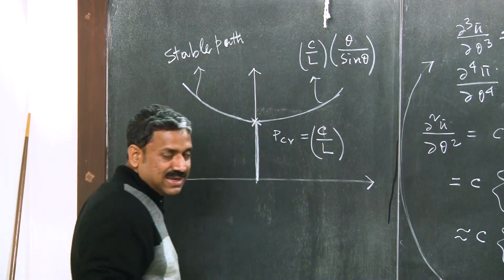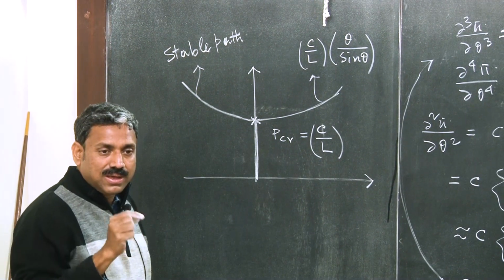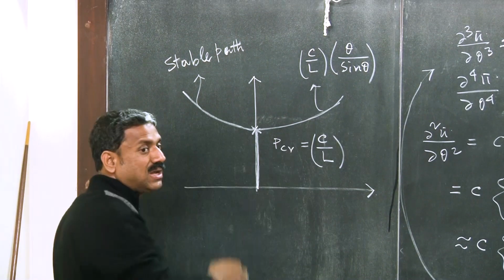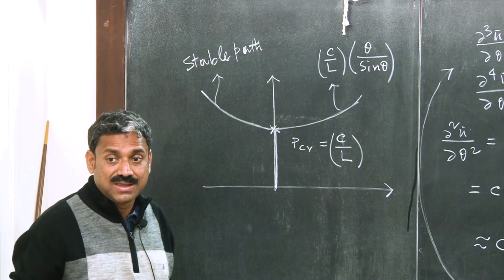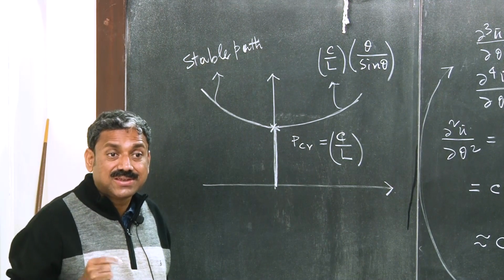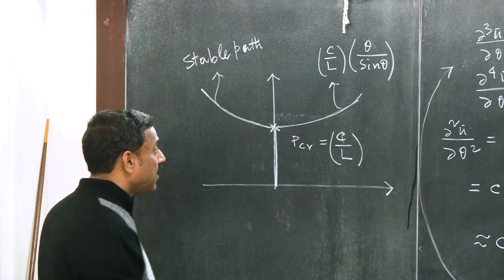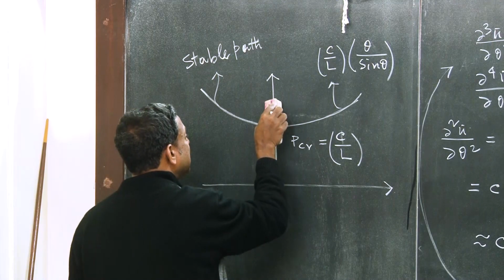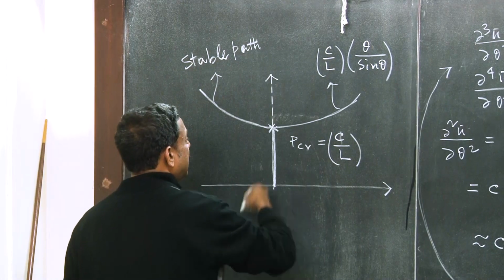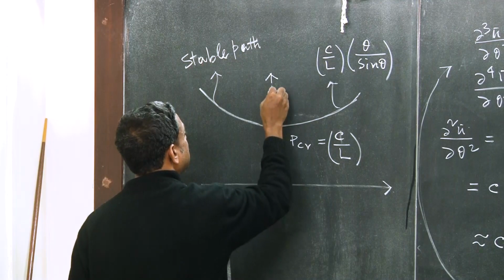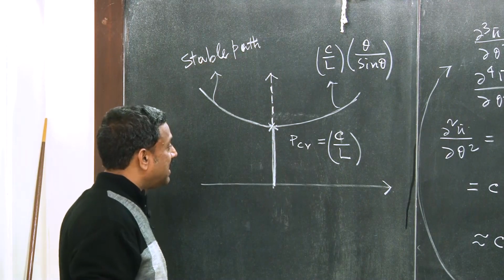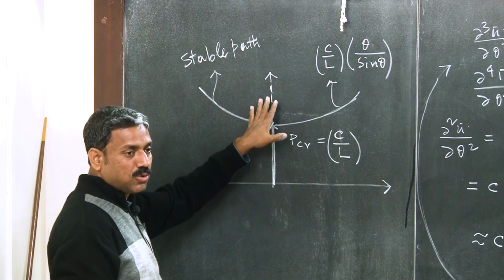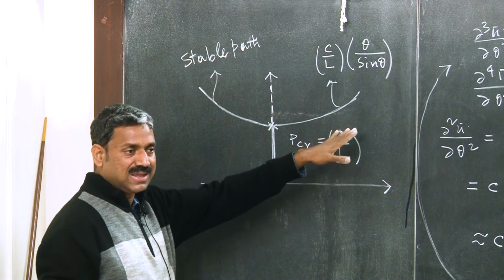It results in a stable critical state, and then subsequently it bifurcates into a symmetric stable path, which is theta non-zero, symmetric stable deflected, and then an unstable fundamental path, because this broken line is unstable. When the load is greater than C by L, this cannot be stable anymore, right? It has to deflect, right?